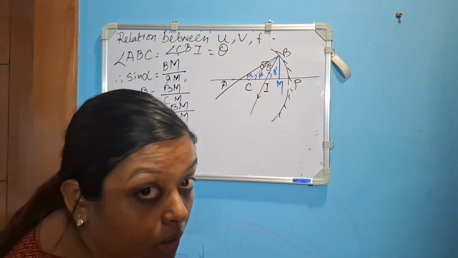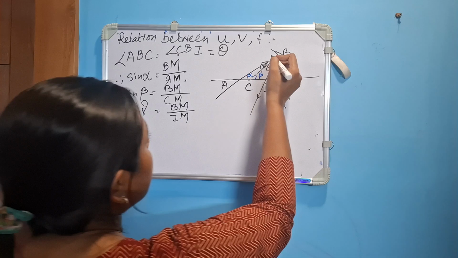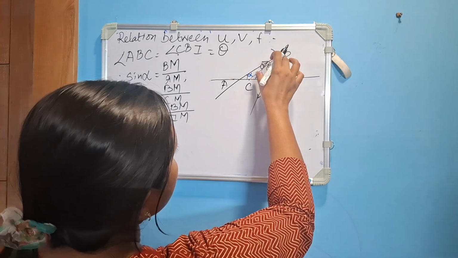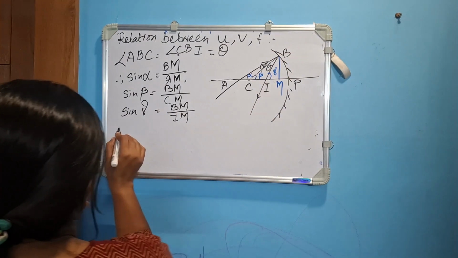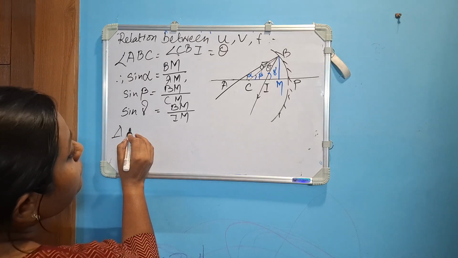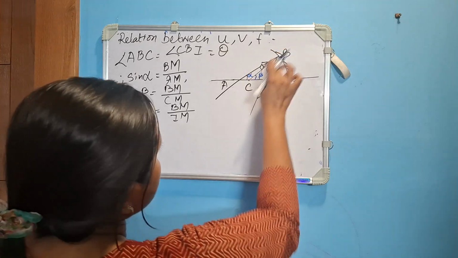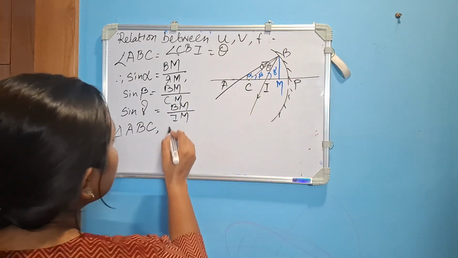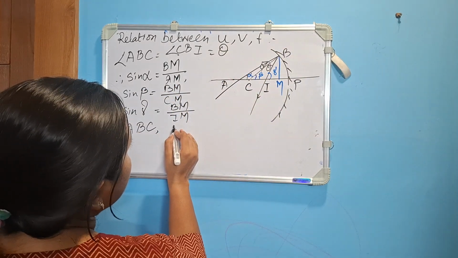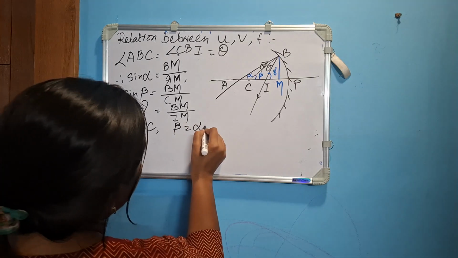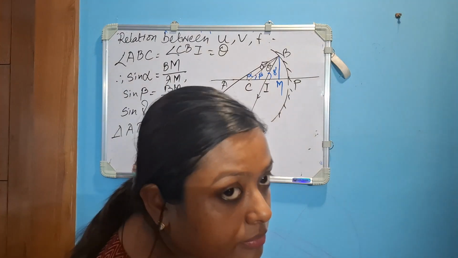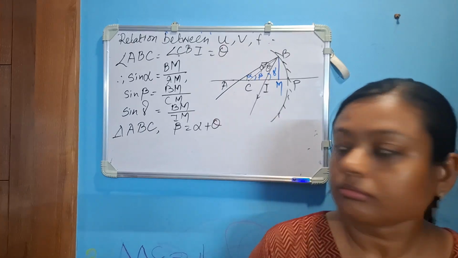One more thing, we are getting two triangles here. One triangle is ABC. For ABC we can write that beta equals alpha plus theta. Correct?